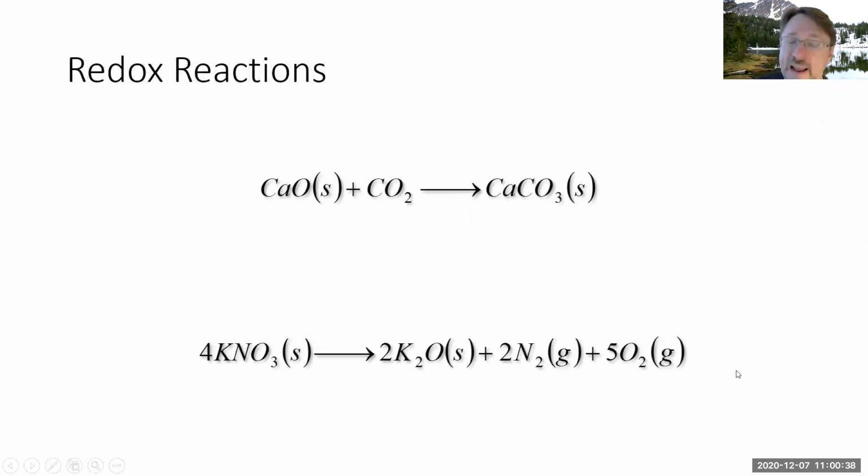So let's now look at a couple of reactions to see if they are indeed redox reactions or not. And what we do for this is we simply go through and assign oxidation numbers to everything. And we see, do they change or not? And if so, what changes? So I'm going to give you a minute to do the oxidation numbers for both of these.